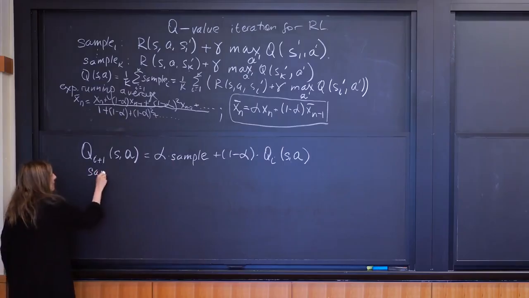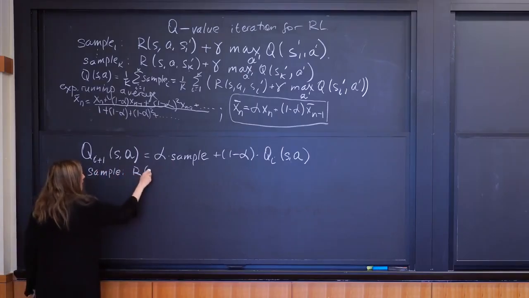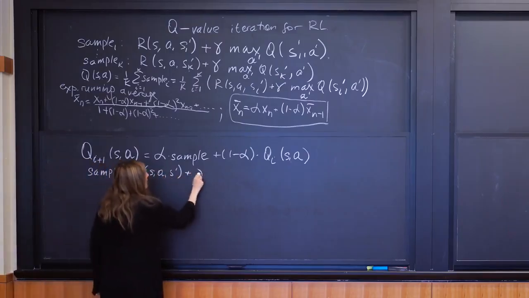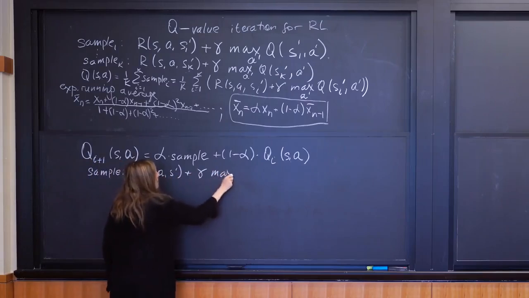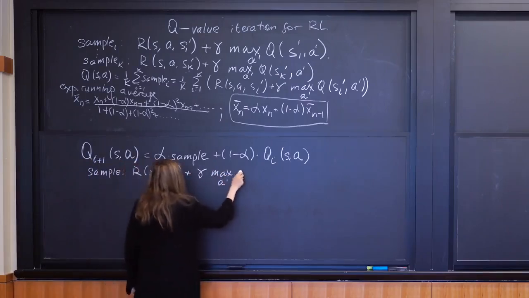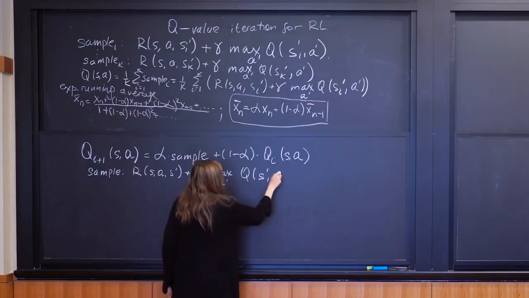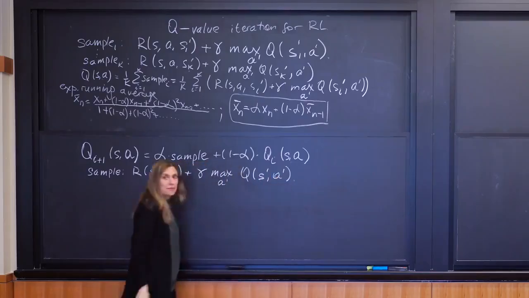So for instance, sample here will be R(s, a, s prime) plus gamma max over a prime of Q(s prime, a prime).